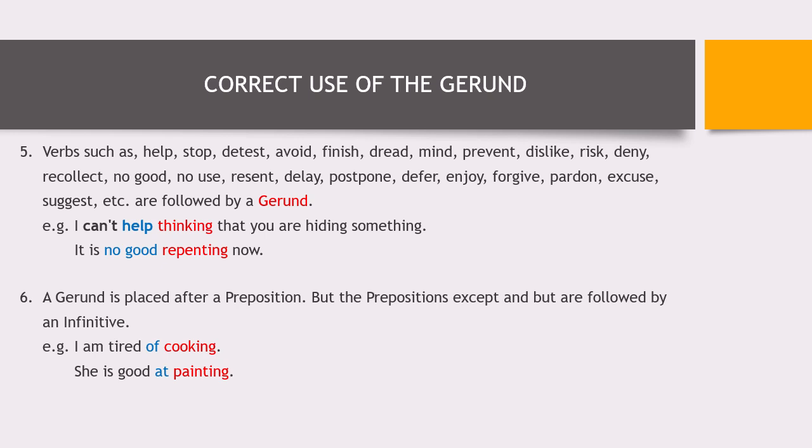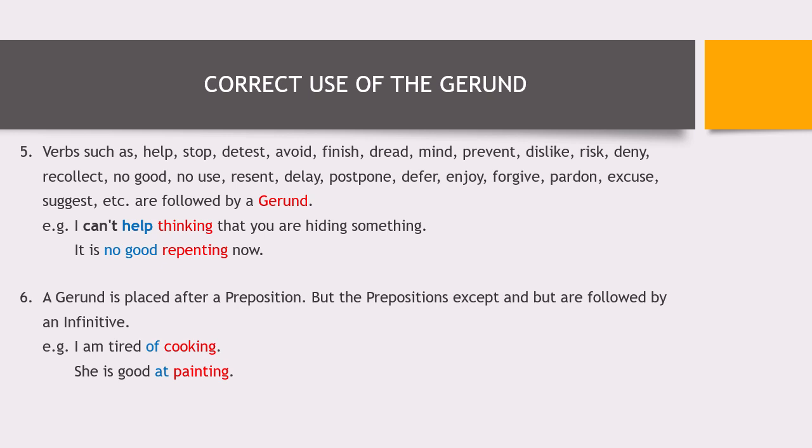Verbs such as help, stop, detest, avoid, finish, dread, mind, prevent, dislike, risk, deny, recollect, no good, no use, resent, delay, postpone, defer, enjoy, forgive, pardon, excuse, suggest, etc. are followed by a gerund. For example, I can't help thinking that you are hiding something. It is no good repenting now.